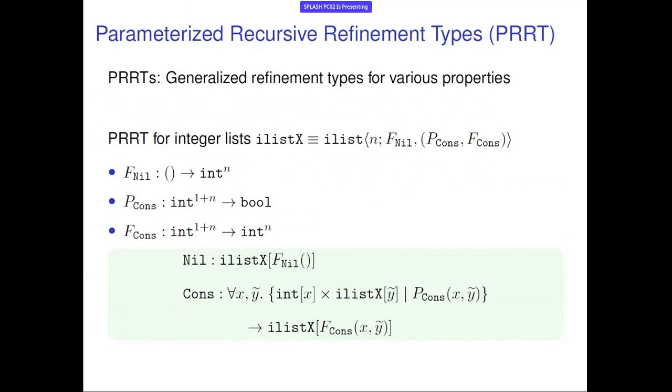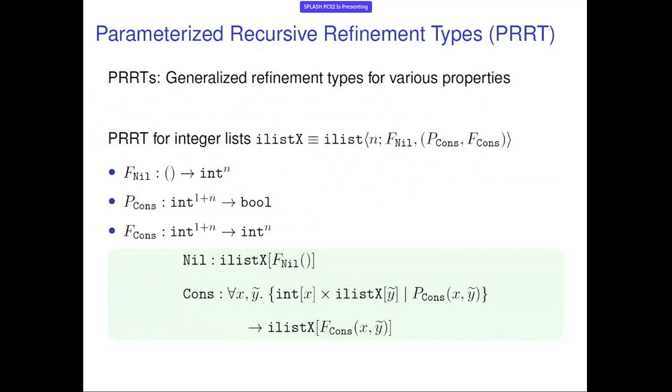For example, for integer lists, the PRRT ilist x is defined as this. It is parameterized with an integer representing the arity and a function, a predicate, and another function.